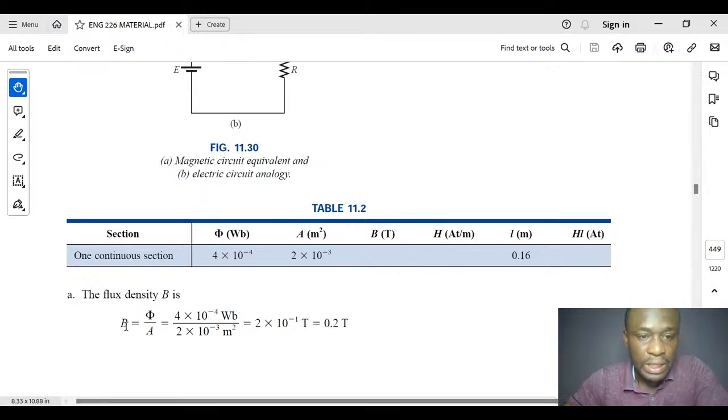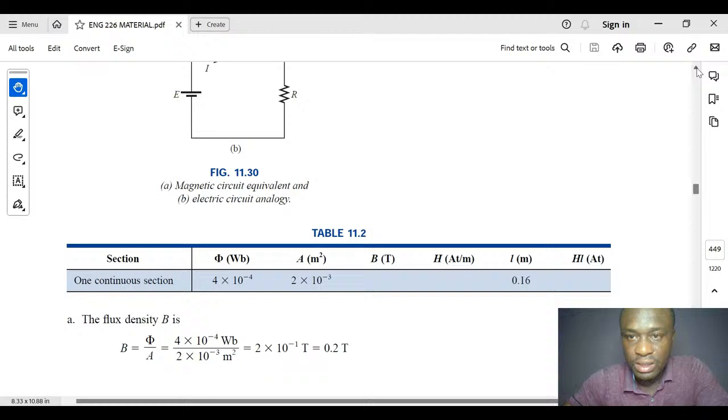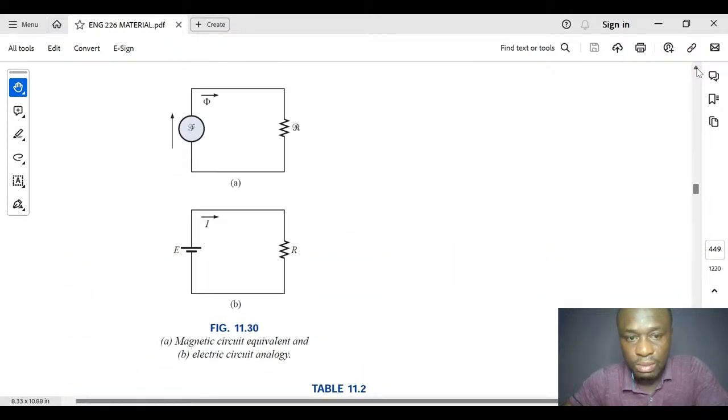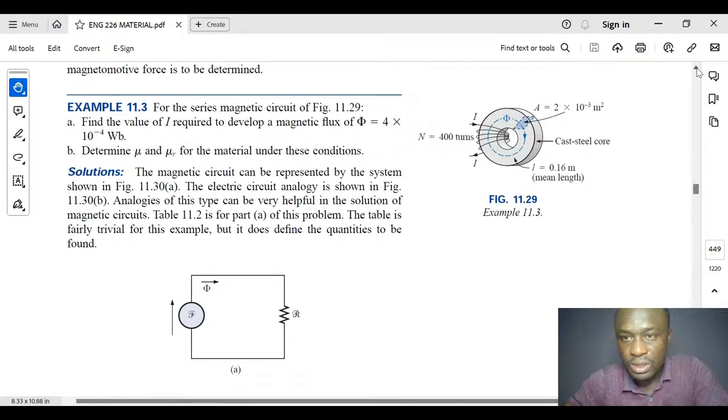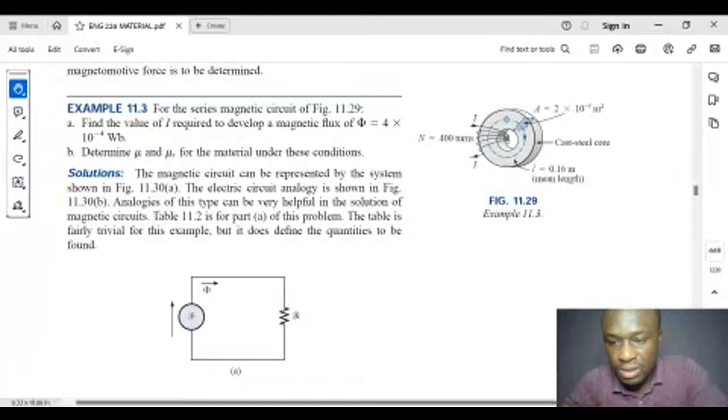So we have our flux density, which is what we are meant to calculate. The flux density is phi over area, and we have our area to be 2 times 10 raised to power minus 3, which is written here. This is what we are analyzing. Are you seeing figure 11.9?